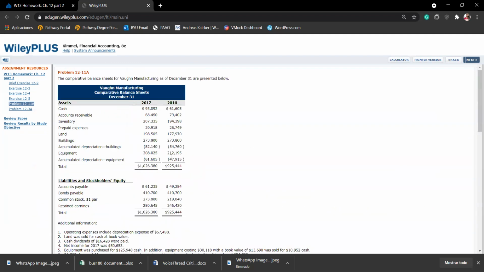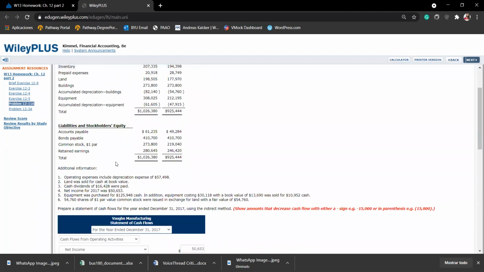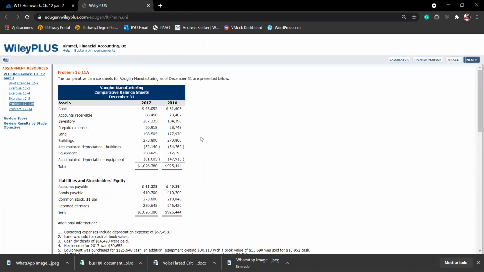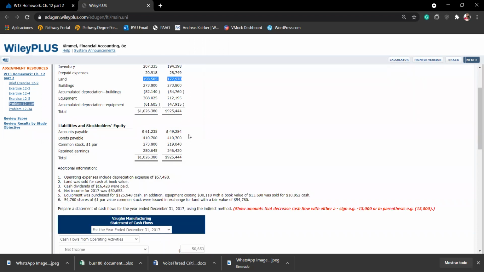In this case, we are going to use the balance sheet and the additional information because land is mentioned in both. Here we can do the difference between both years, but that is not enough because land is mentioned here again in number 6. It says that common stock were issued in exchange for land with a fair value of this amount.